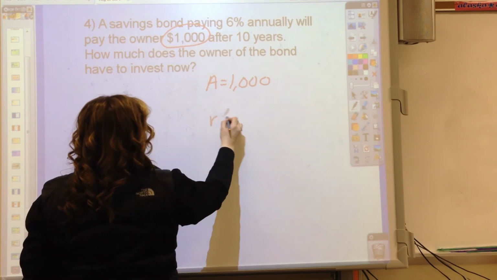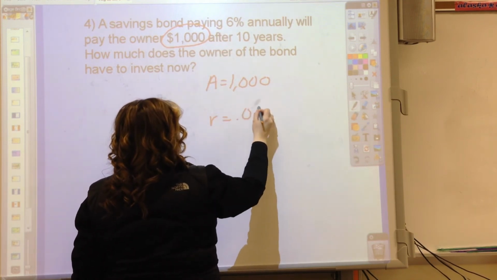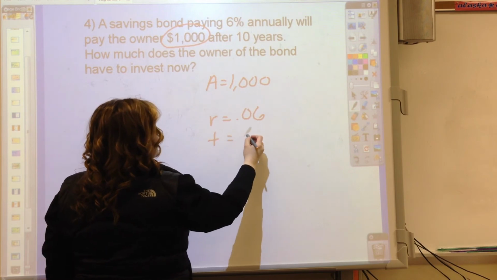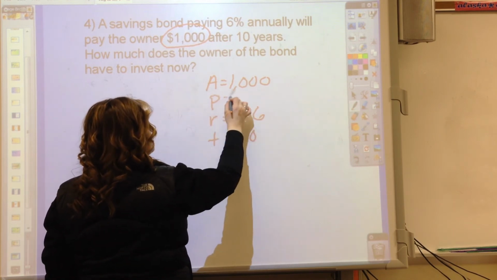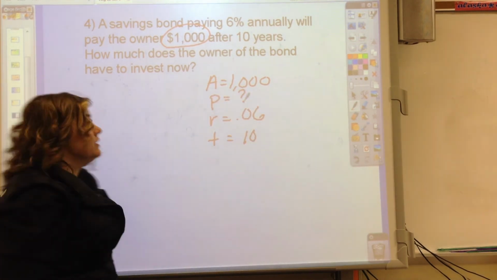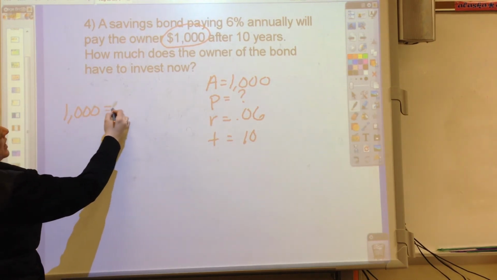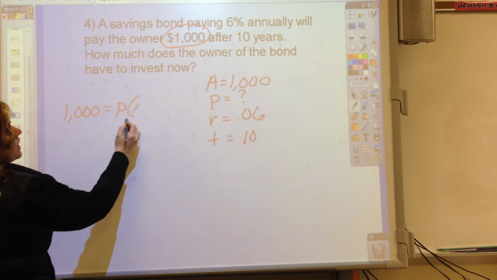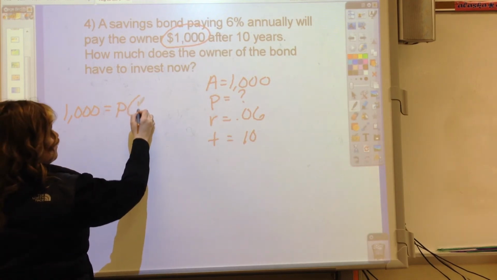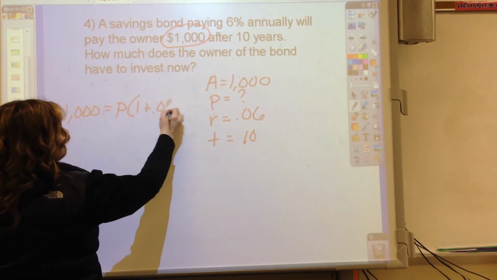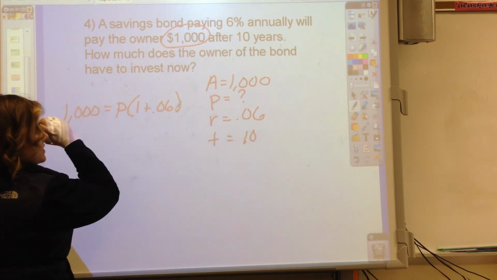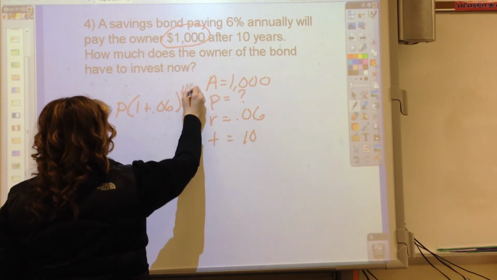I know my rate. I change it to a decimal, 0.06. I know my time is 10. And I'm actually looking for the principal, agreed? So when I plug into my equation, I have 1,000 equals P times 1 plus 0.06, and I'm raising that to the power of 10.